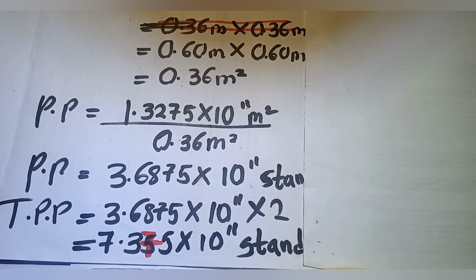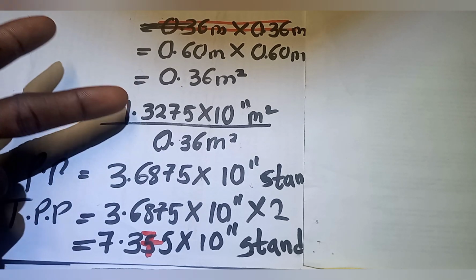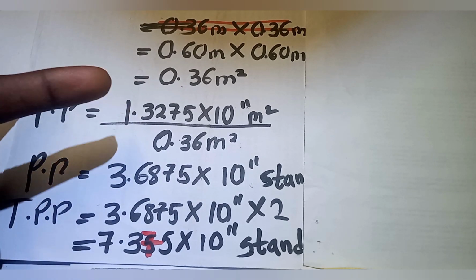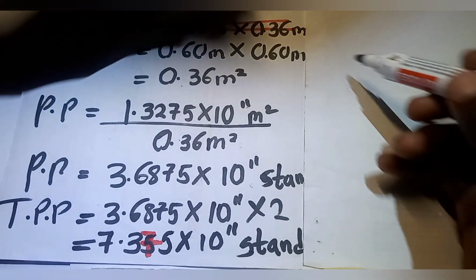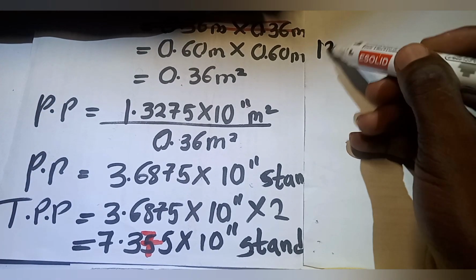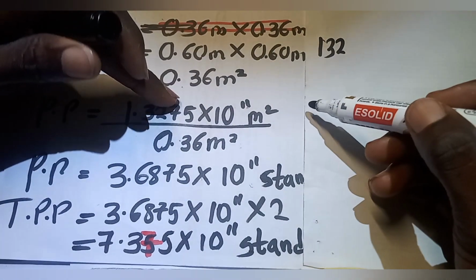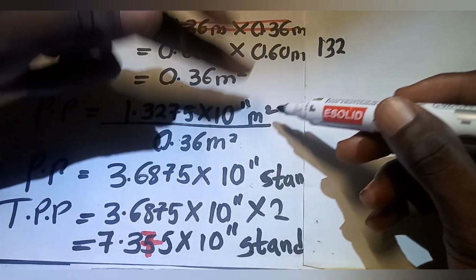Okay, you are there and you are wondering how I got this as a standard form. You didn't understand how I got it, so I want to change the method now. From this place, I'm going to change this from standard form to a normal whole number. You're going to have 132,750, multiplied by 10 raised to the power 11.